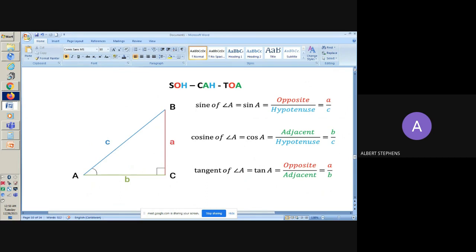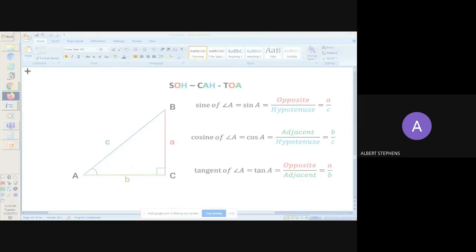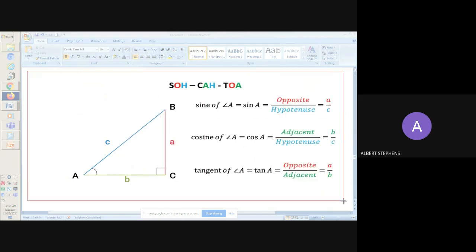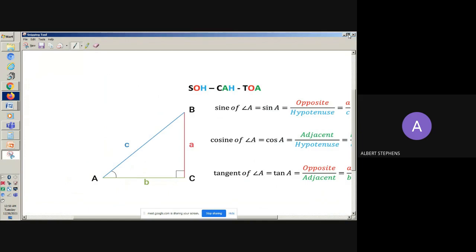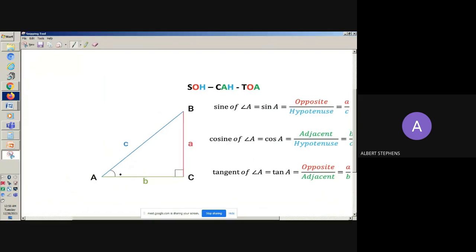Now notice that it's sine, cos, and tangent of angle A. Angle A is our reference angle. That's where we reference our sides from.